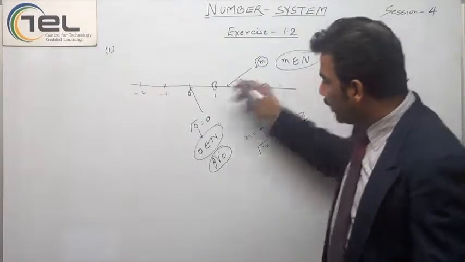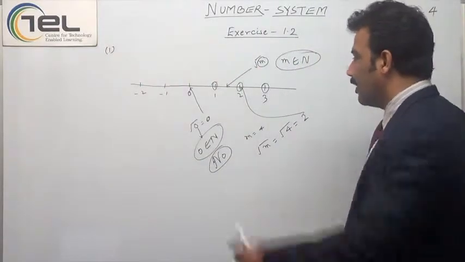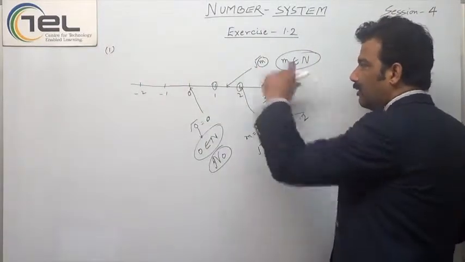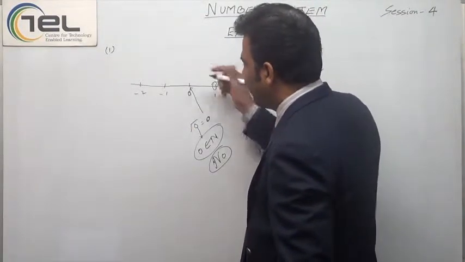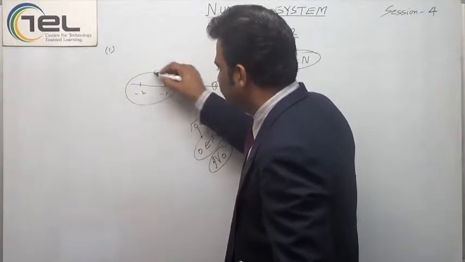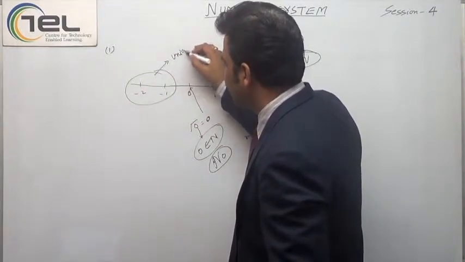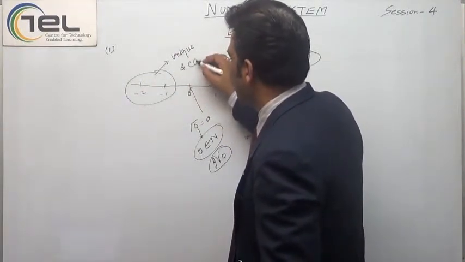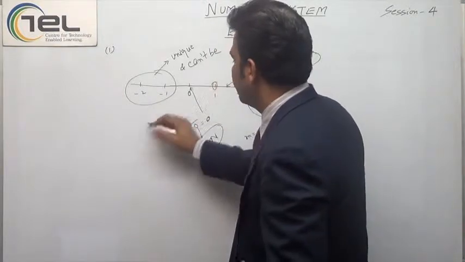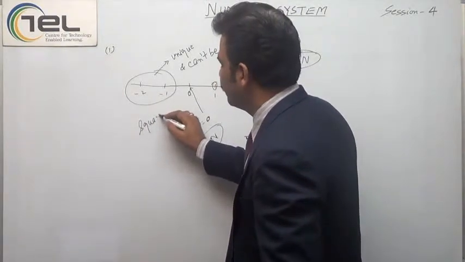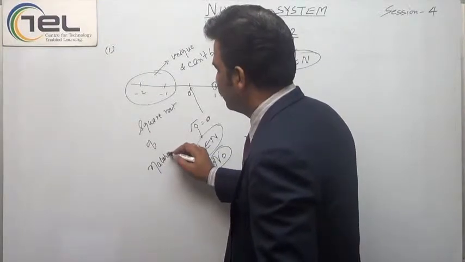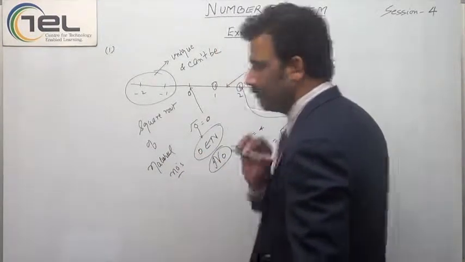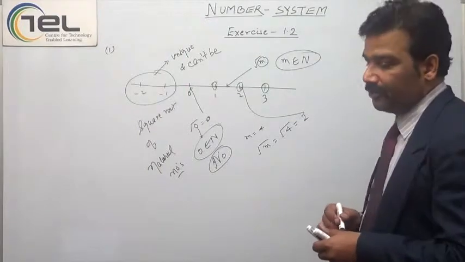So every number on the number line can't be represented with the help of square root of m. Or I can also say all the negative numbers can't be the square root of natural numbers.